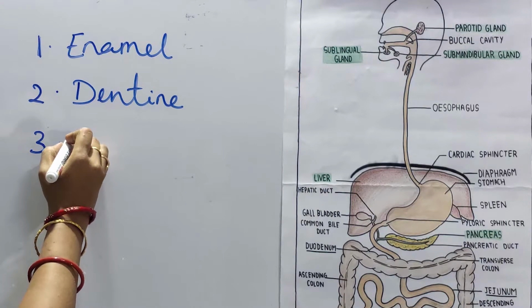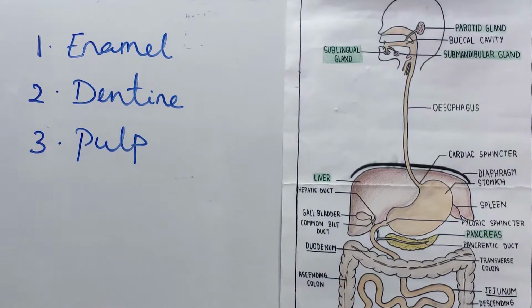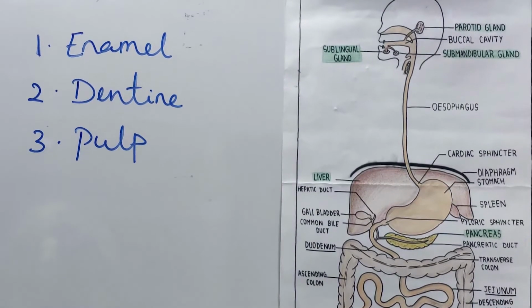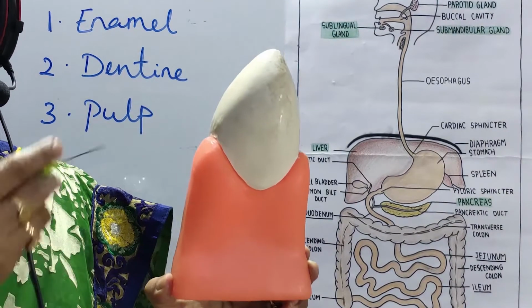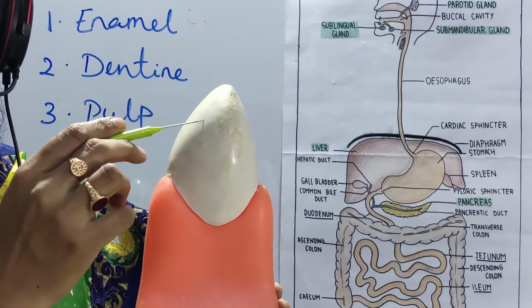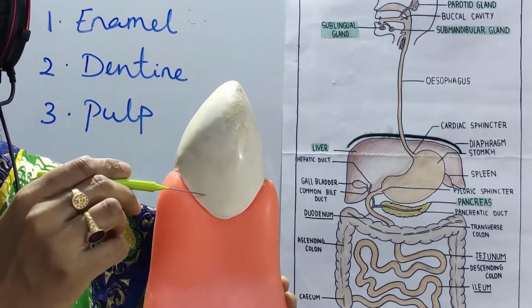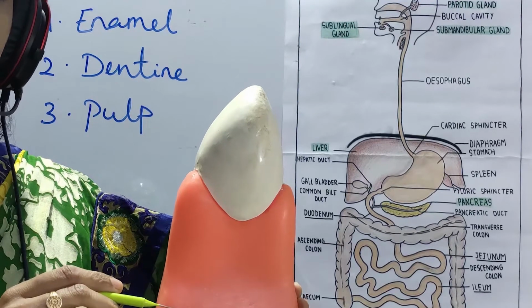At the center is present the pulp. So, the visible part of the tooth is known as the crown and the part of the tooth that is hidden, that is called the root.